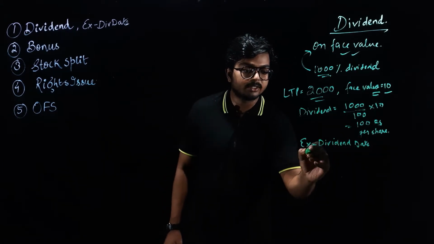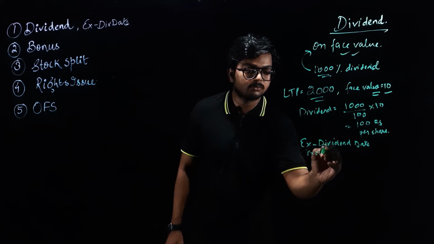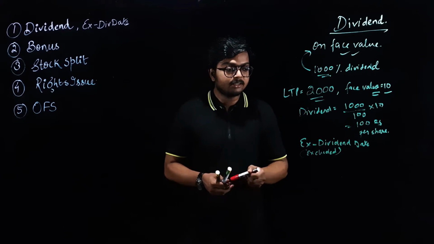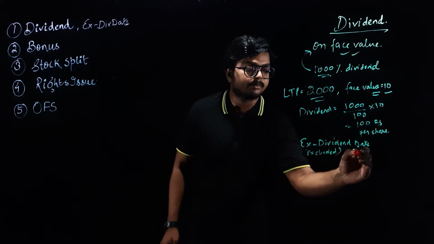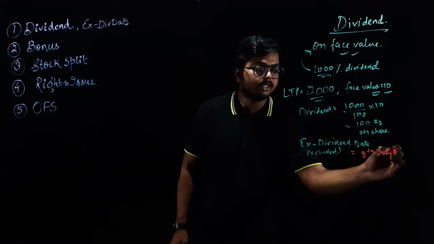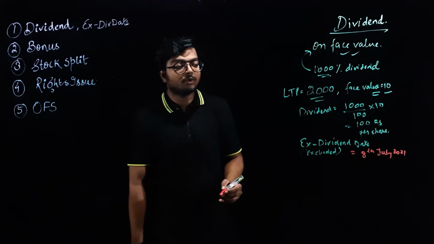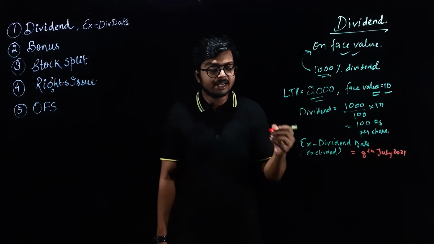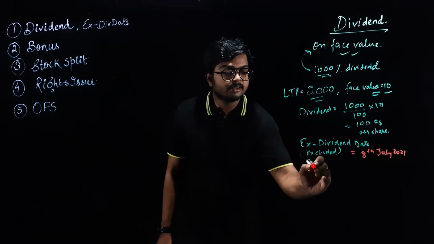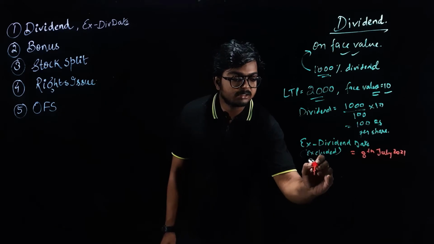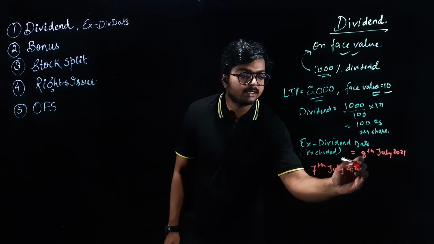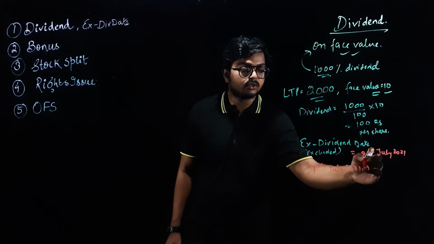Ex means excluded. Say for example that the ex dividend date is 8th of July 2021. So you must purchase the Reliance shares before it. If you want the dividend, then you must purchase the shares on 7th July 2021.